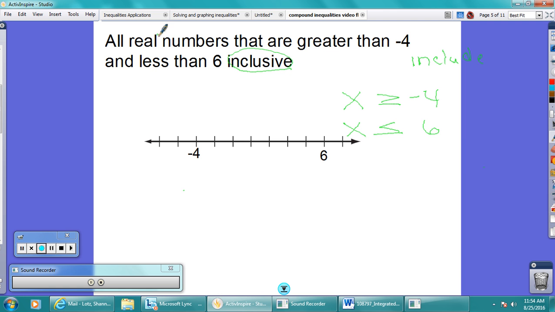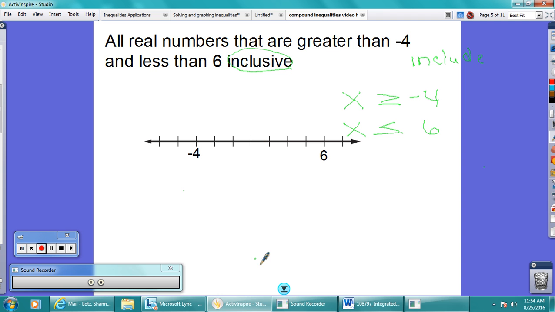Okay? So now, all real numbers that are greater than -4, and there's that key word again, and. So if we're using the word and, we're going to, sorry guys, my mic is going in and out. We're going to graph each one individually first, then we're going to see where they cross on the number line. It's in between.